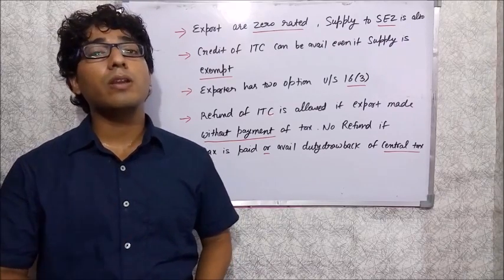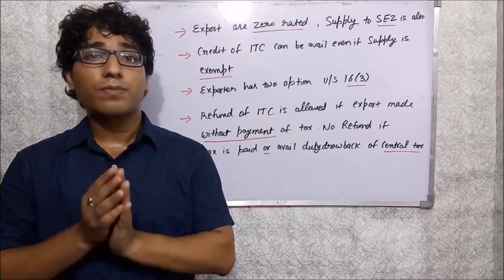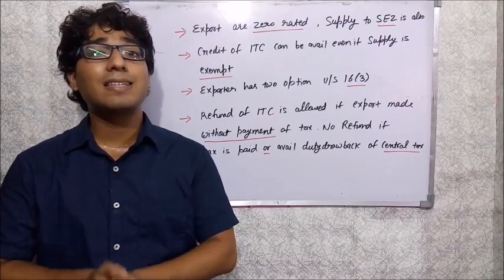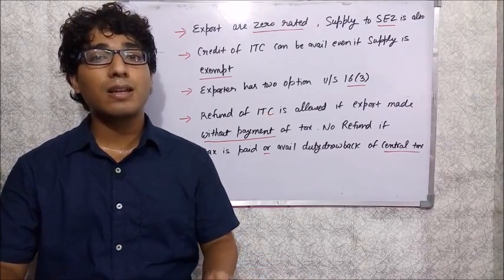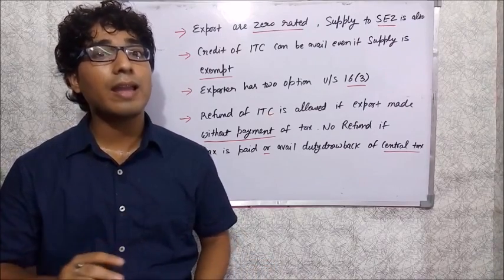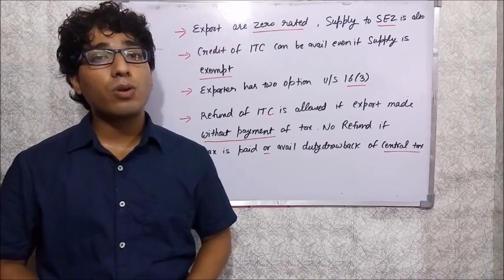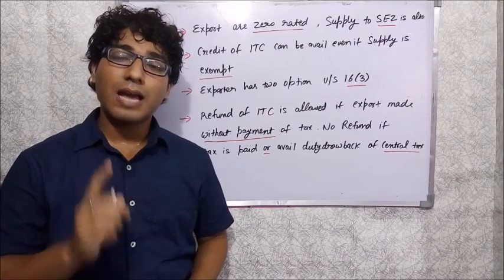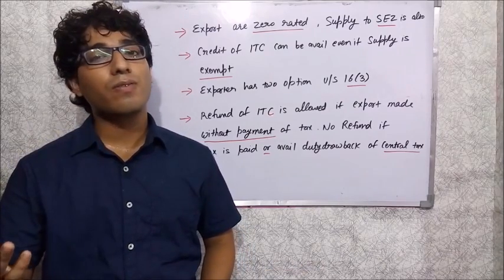And if you are exporting your goods with the payment of duty, or you have paid the IGST at the time of exporting, then you cannot take the input tax credit refund. Why is it so? Because in case you paid the IGST at the time of export, then you can set off your input tax credit with the output liability of IGST.